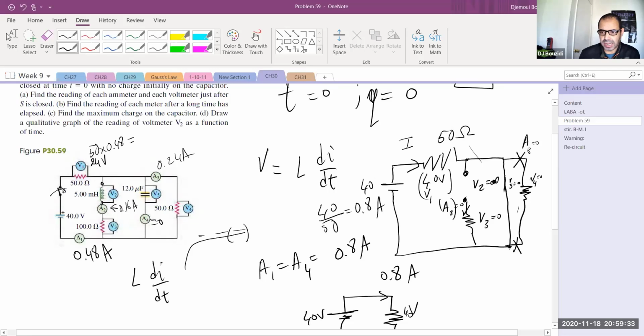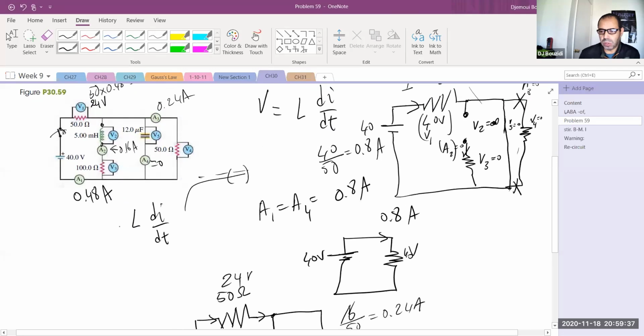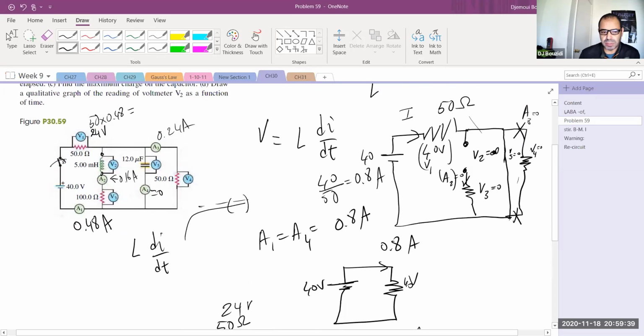A2 turned out to be 0.16 amps, and V3 is going to be equal to 16 volts because 0.16 times 100 is actually 16 volts. And in here, 50 times 0.24 is actually 16 volts. So both these sides, because they're in parallel, have the same voltage. This is no longer implicated in the circuit because it's broken. Basically, it's an open circuit. So after a long time, that is how much the devices will read.